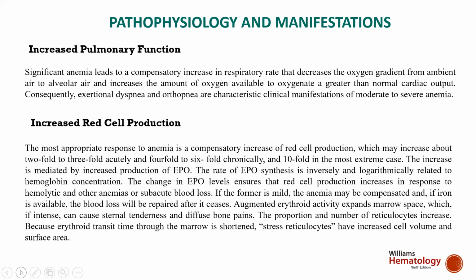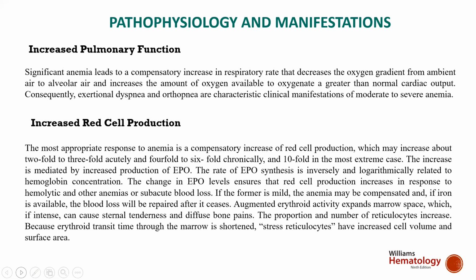The most appropriate response to anemia is a compensatory increase of red cell production, which may increase about twofold to threefold acutely, fourfold to sixfold chronically, and tenfold in the most extreme cases. The increase is mediated by increasing the production of erythropoietin, and the rate of erythropoietin synthesis is inversely and logarithmically related to hemoglobin concentration.